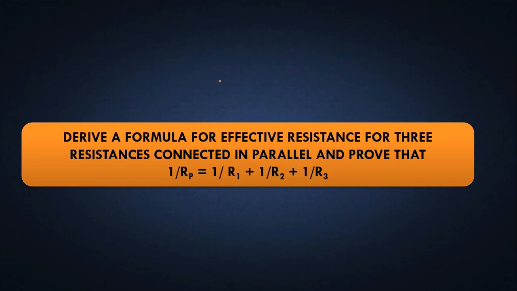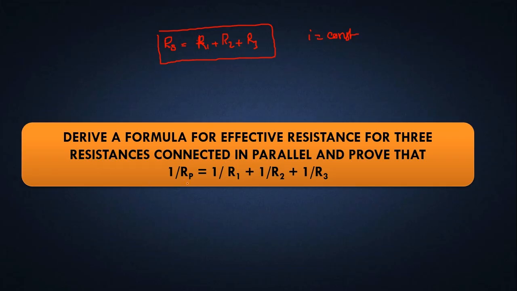Just before, we have seen that when the resistors are connected in series, RS is equal to R1 plus R2 plus R3. In this connection we have seen that I is constant.